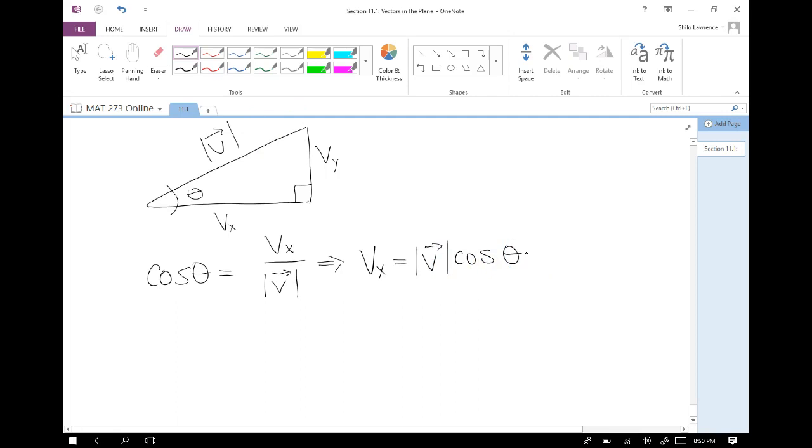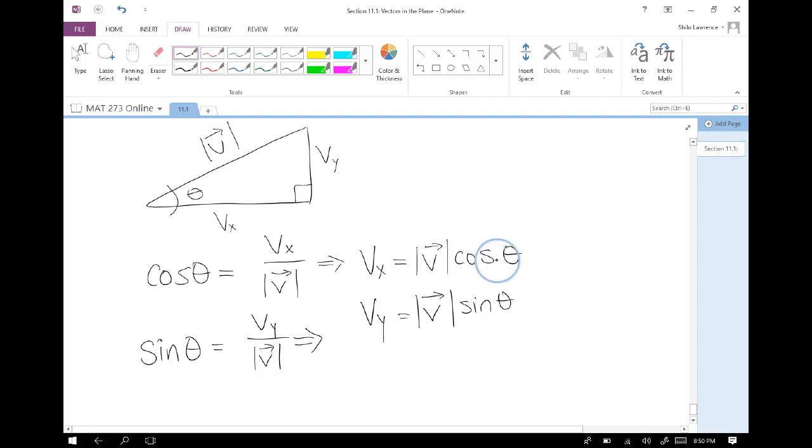V sub y is worked out very similarly. The only difference is based on where theta is located. V sub y is the opposite side. So the trig function that uses the opposite side and the hypotenuse is sine. So sine of theta is v sub y over magnitude of v. So to solve that equation for v sub y, we would multiply over the magnitude of v and get v sub y equals magnitude of v times sine of theta.